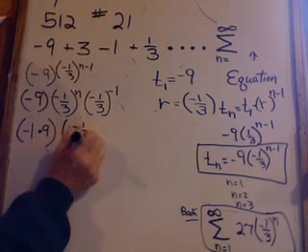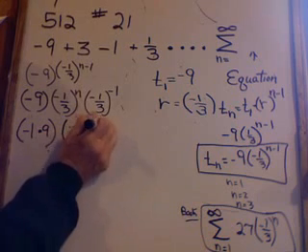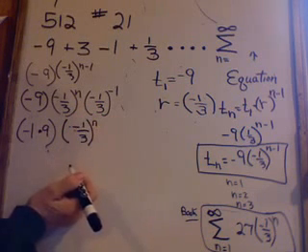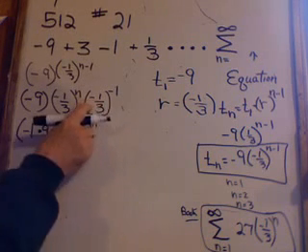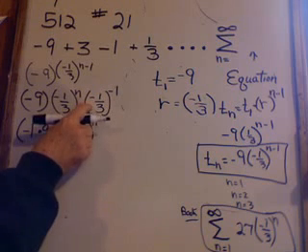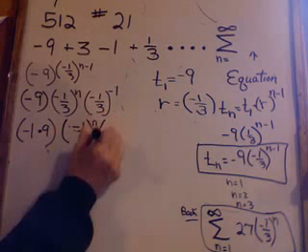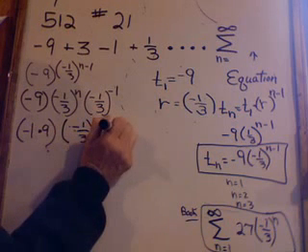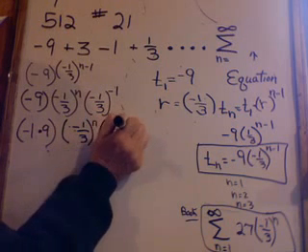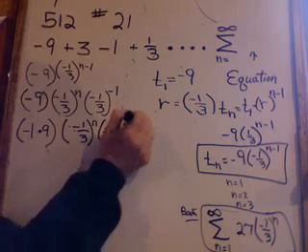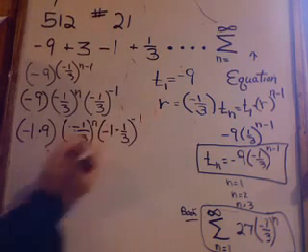Negative 1/3 to the n, I'm going to leave alone. All right? And negative 1/3, I'm going to rewrite as negative 1 times 1/3 to the negative 1.